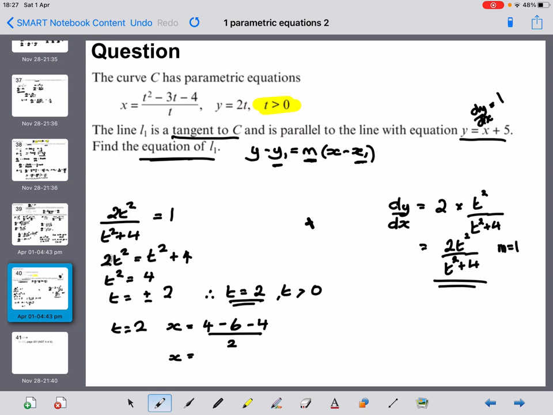So 4 take 6 is negative 2, take 4 is negative 6, divided by 2 is negative 3. And y is going to be 2 times 2, which is 4. So y minus y1 equals m(x minus x1). So y minus 4 equals x plus 3, move the 4 over the other side, you get y equals x plus 7. And that's the tangent to the curve.